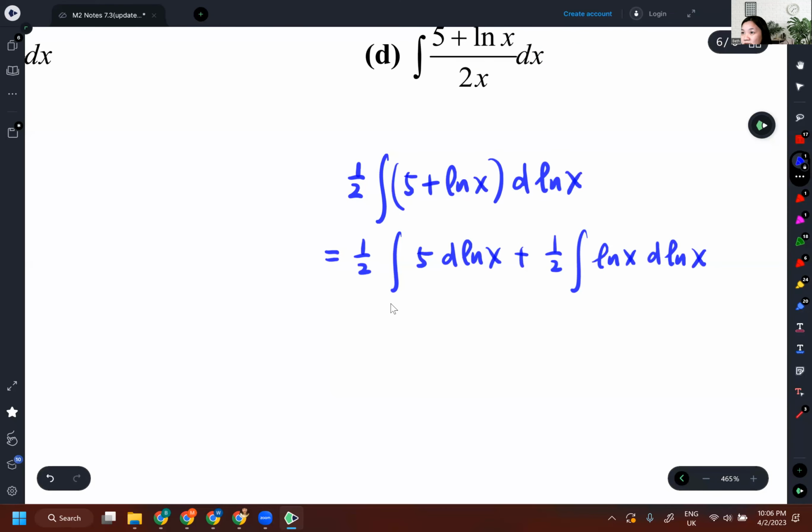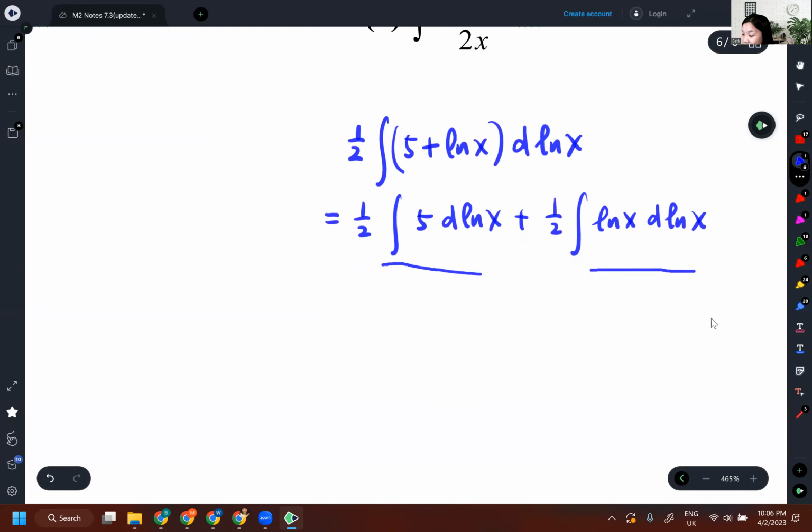You will do two integrations separately. This is what Sophia did. She did it separately. So this will be 1/2 times 5 log x, and this one will be 1/2 times 1/2 (log x) squared plus c.